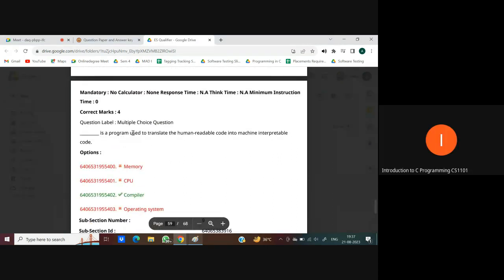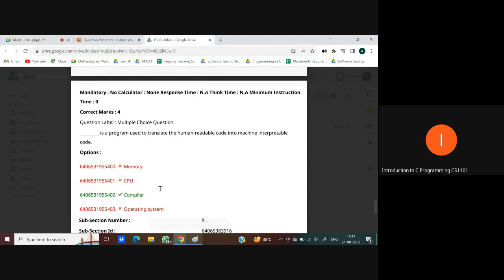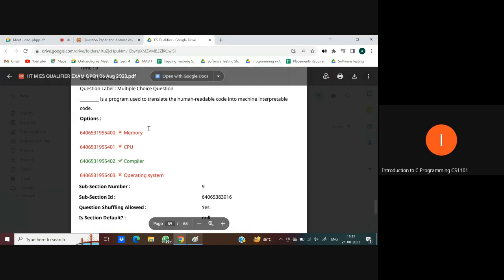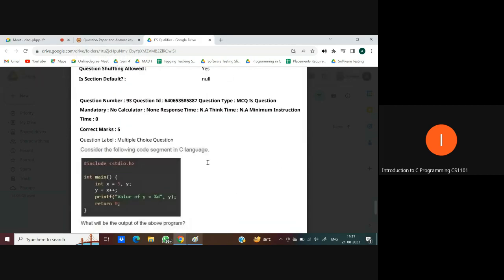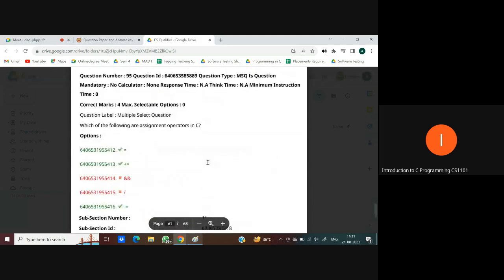Dash is a program used to translate human readable code into machine interpretable code. So compiler, this is what we discussed while discussing one of the previous questions as well. I think the options are the same as what we had for that question too. Anyways, compiler is the program that does that. We can skip this one.